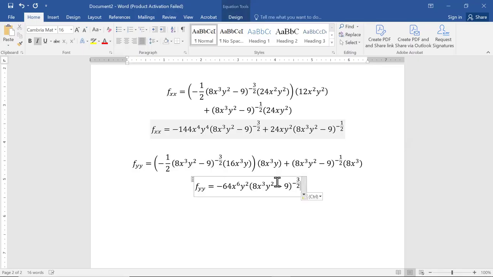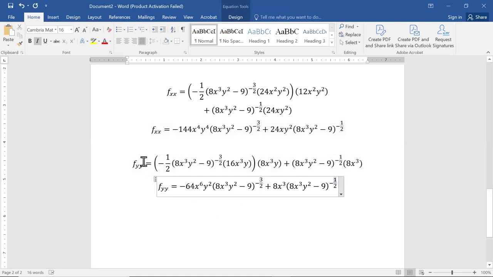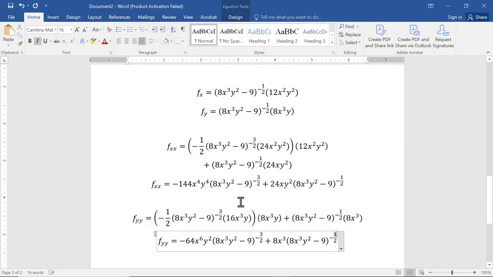Plus, and then 8x to the third times that same messy component raised to the negative 1/2 power. So f sub xx and f sub yy are now computed.